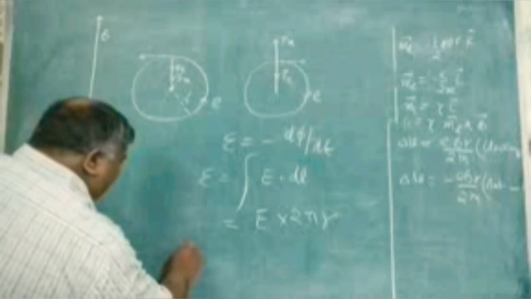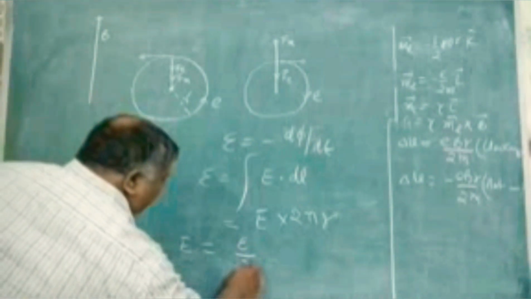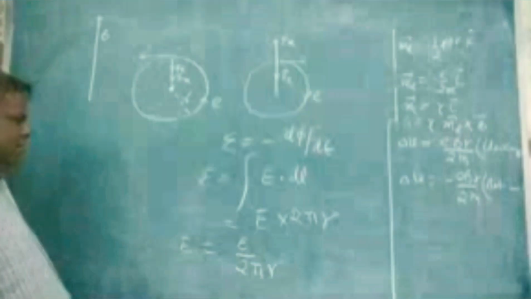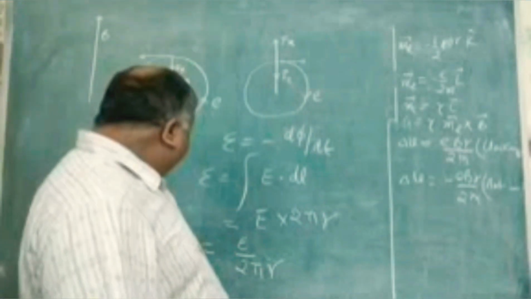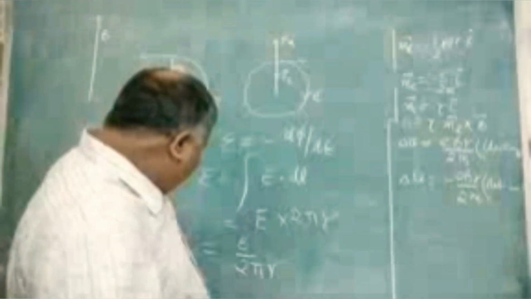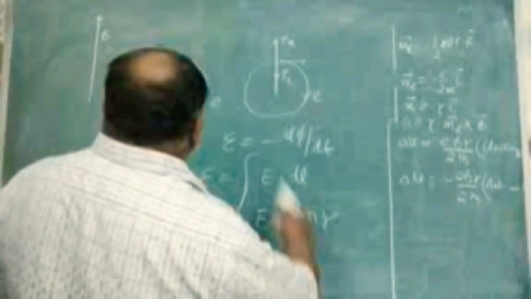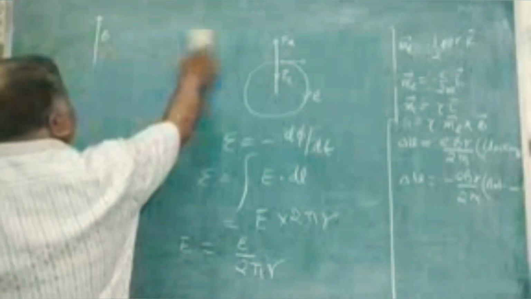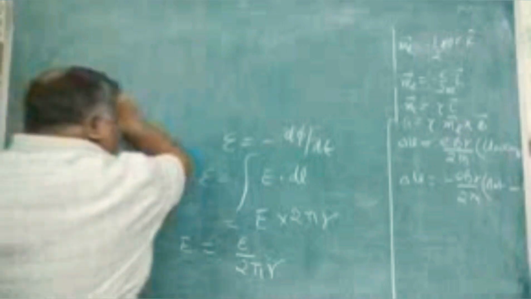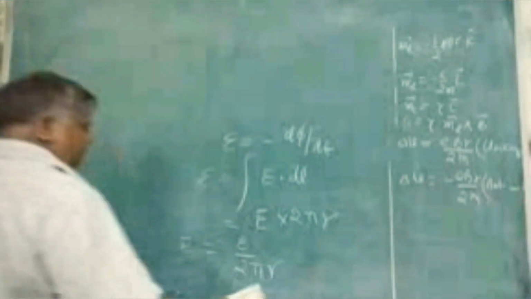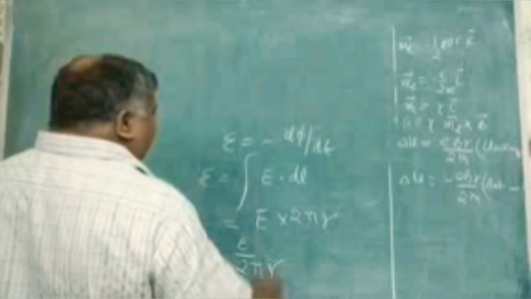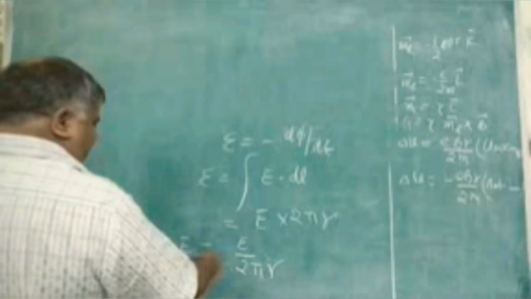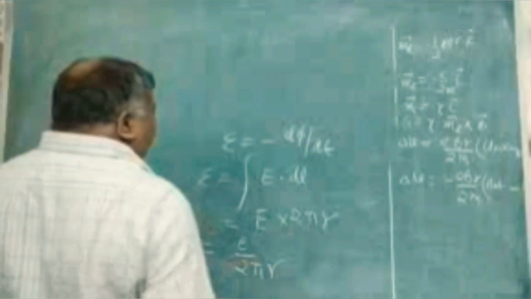So obviously E magnitude is induced EMF over 2 pi r. Now you have E over this, and EMF is again minus d phi over dt.